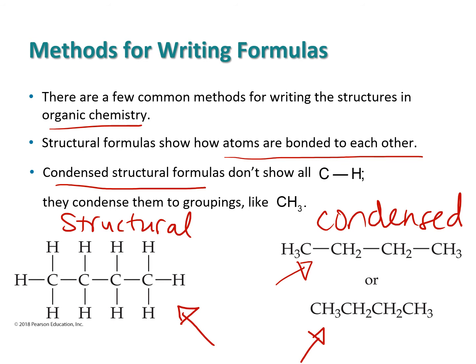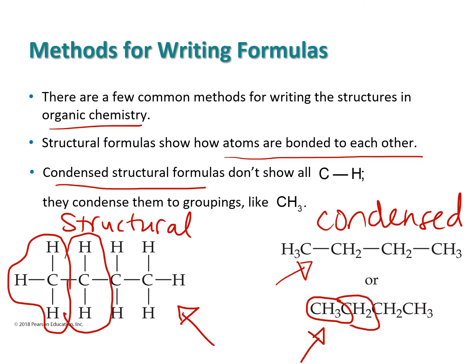So you can see how, for example, this group right here, CH3, is referring to this right here. And then we have CH2. This is referring to this group right here. And then basically what splits them up is the bonds between the carbons right here. Right? That's what's splitting each one up.